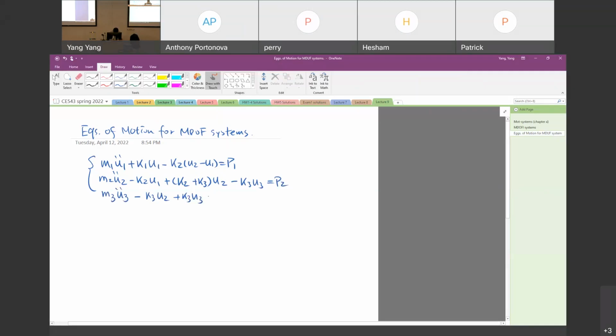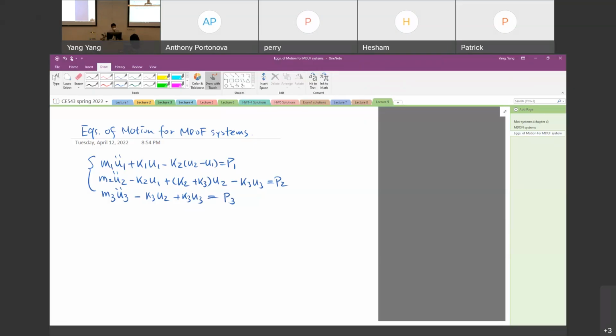And we also break the terms where we have U1, U2, U3 in multiple appearances, so that we rearrange them a little bit. Just simple math here.